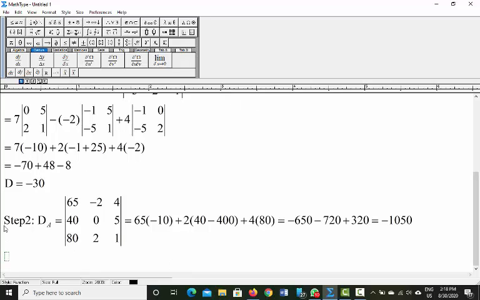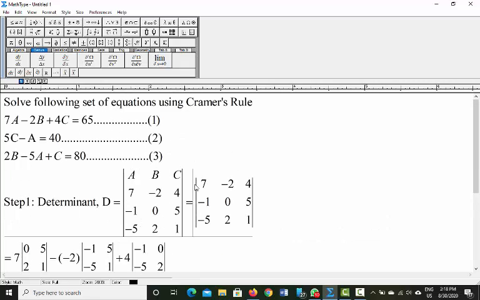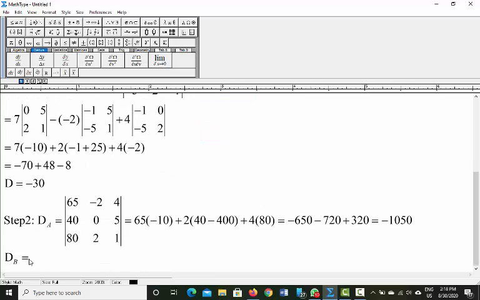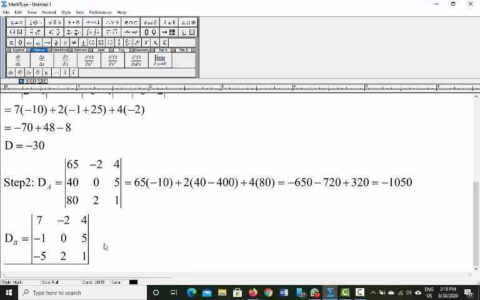Now in the third step, we will find dB, the determinant for the variable B. Again, this was the original coefficient matrix.